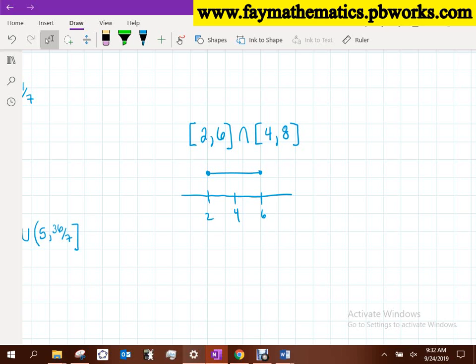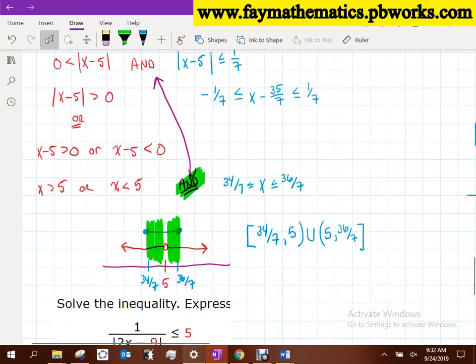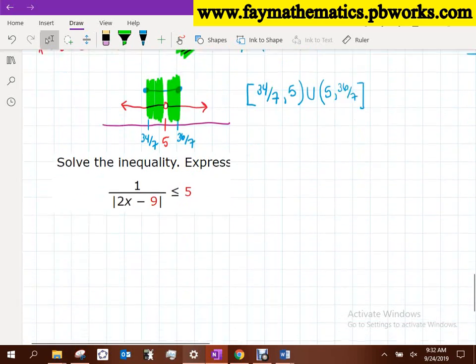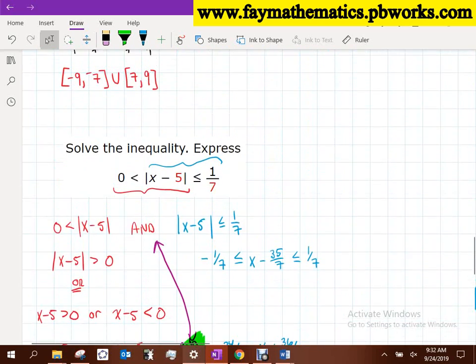The 4 to 8 would be that. And this means intersect. This means the overlap, right? So isn't the overlap then between 4 and 6? So that's what we would write instead of saying that. Does that make sense? Okay, so we'll get to this last. Does that help on those types of questions?